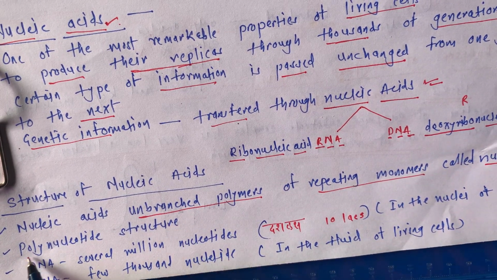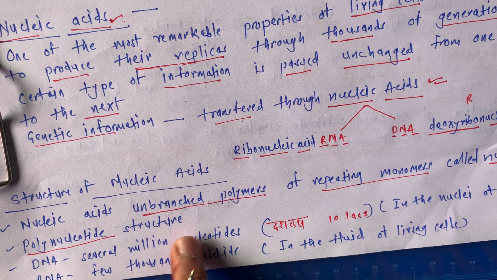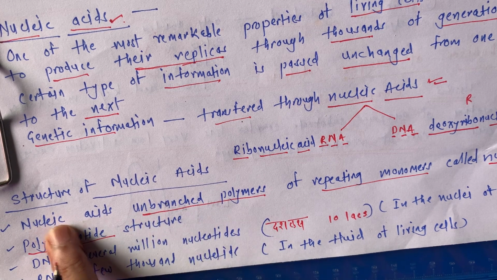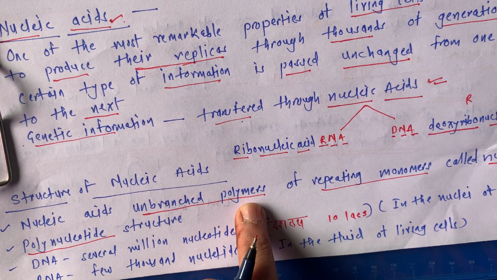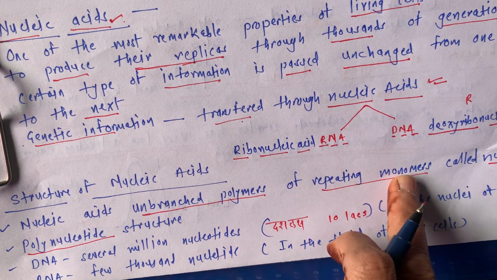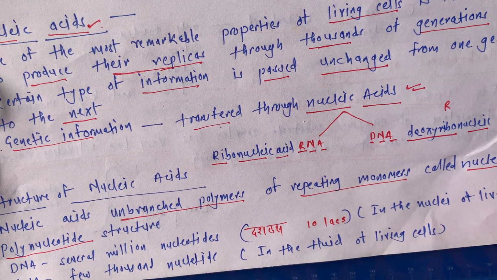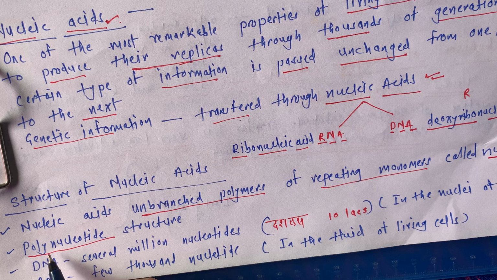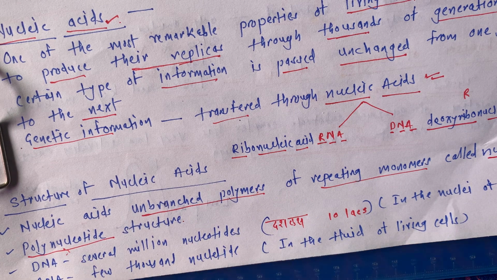This is nothing but a polynucleotide structure. Nucleic acids are unbranched polymers, meaning so many repeating monomers, which are called nucleotides. When it is a polymer, this is a polynucleotide structure.